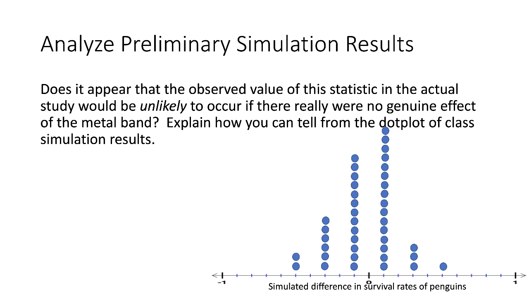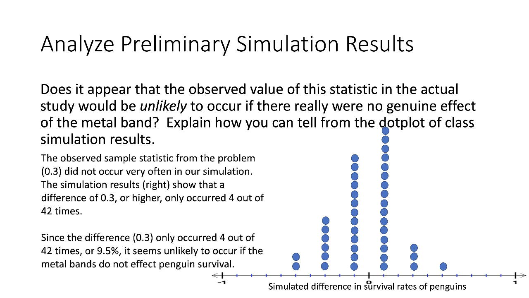Let's use the simulation results on the screen to answer this next question. Does it appear that the observed value of this statistic in the actual study would be unlikely to occur if there really were no genuine effect of the metal band? Explain how you could tell from the dot plot of class simulation results. The observed sample statistic from the problem, 0.3, did not occur very often in our simulation.